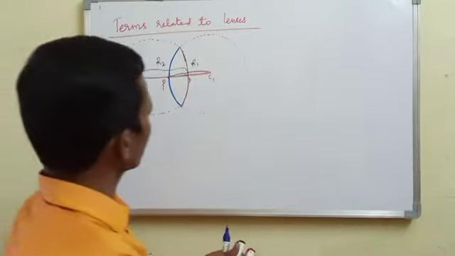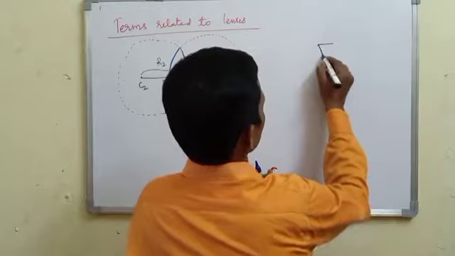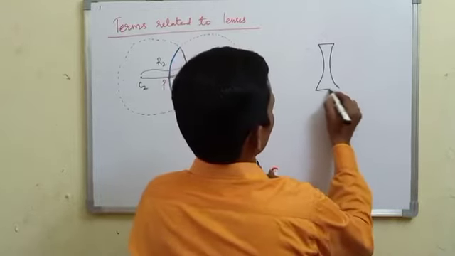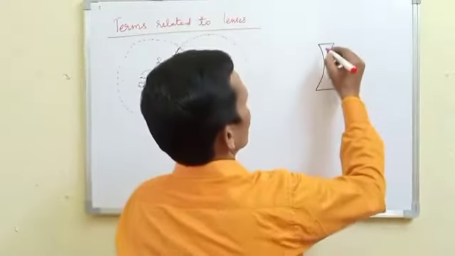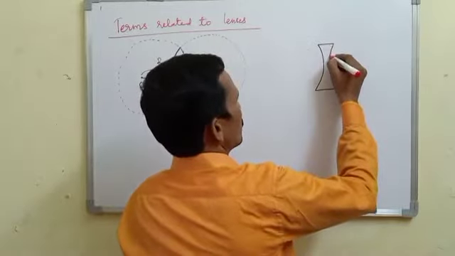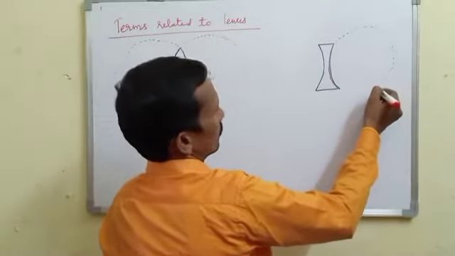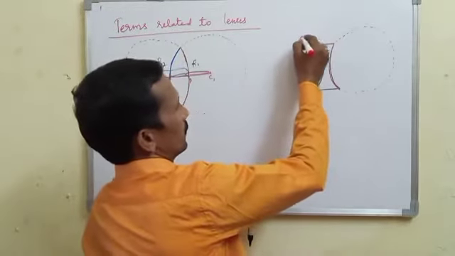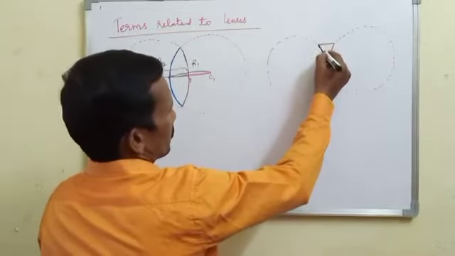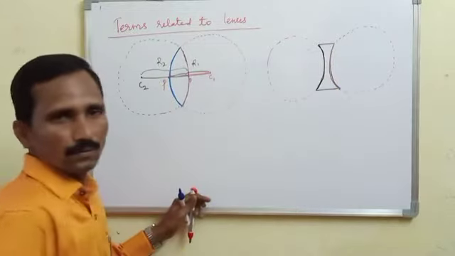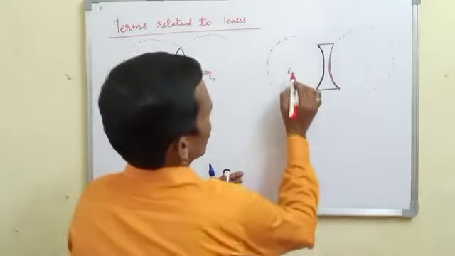Like that, here again, what is this lens? Good, it is a concave lens. It is a part of one sphere like this, and another part of another sphere. So it is the first part for the concave lens, and this is the center of the sphere here.